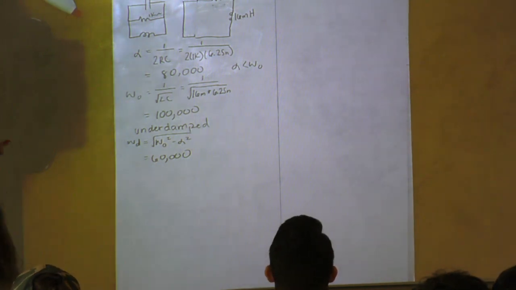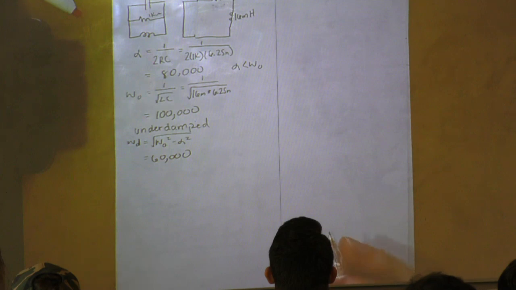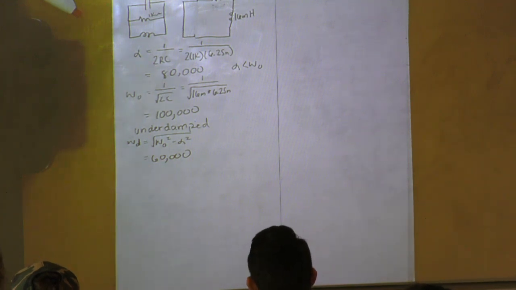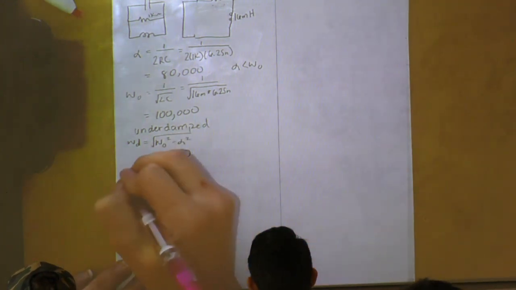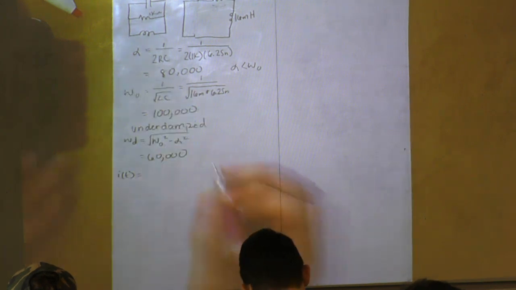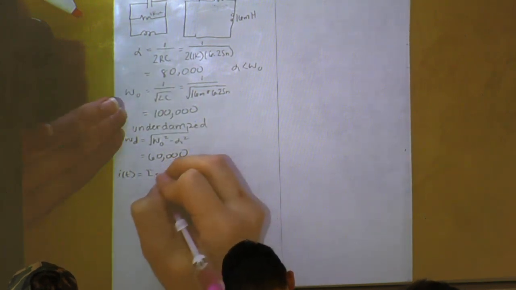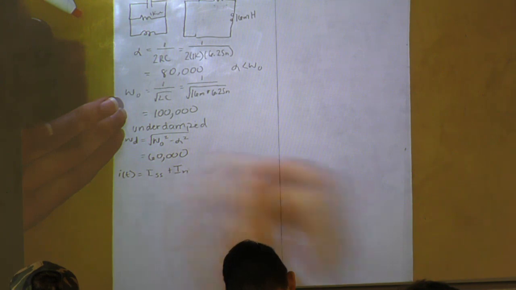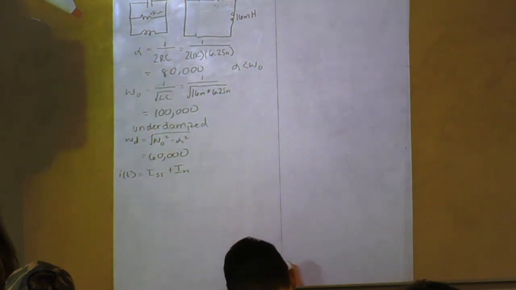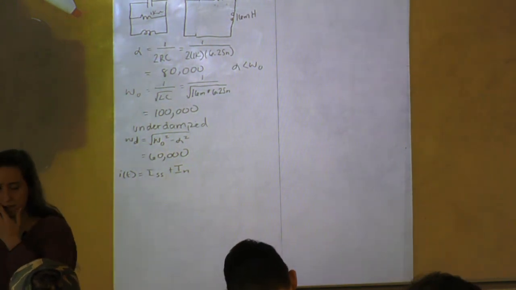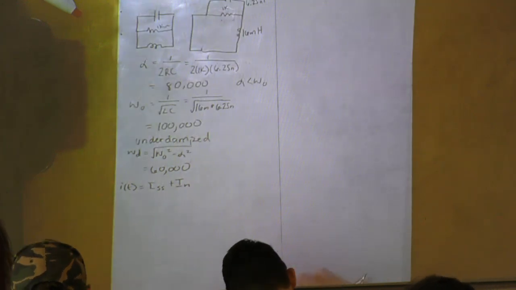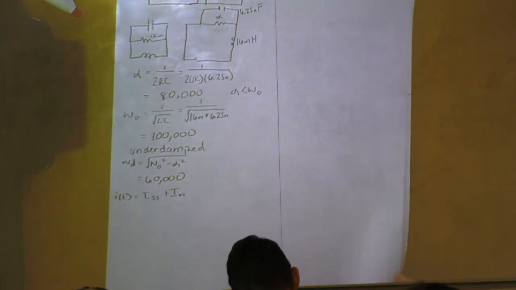So for all we have, I of t equals I steady state plus I natural. We can first find our steady state, which is the value at t equals infinity.